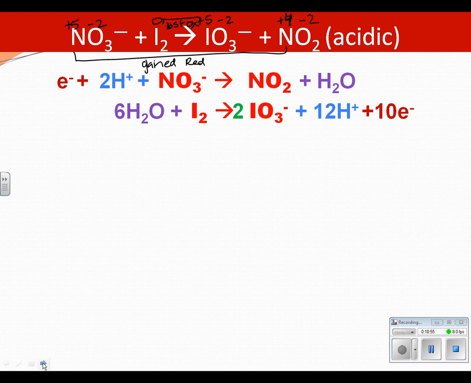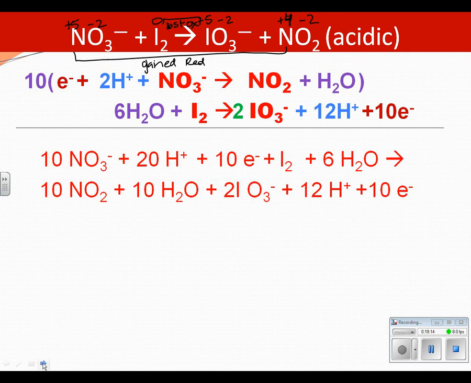Then I need to find a common factor between the electrons. So I'm going to multiply my first reaction by 10. Then once I do that, I'm going to add my half reactions. So distribute your 10 and add.